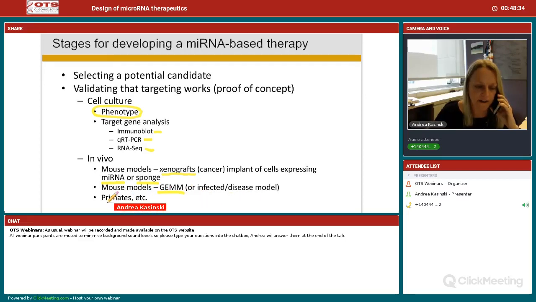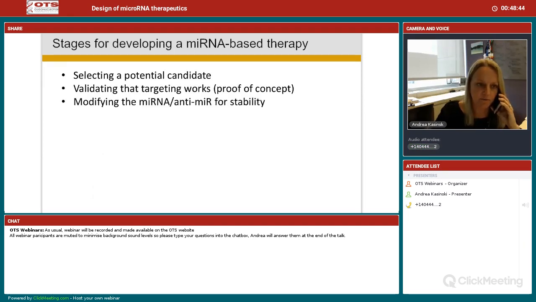And then at some point, many of the studies will advance into primate models prior to entering into human clinical trials.